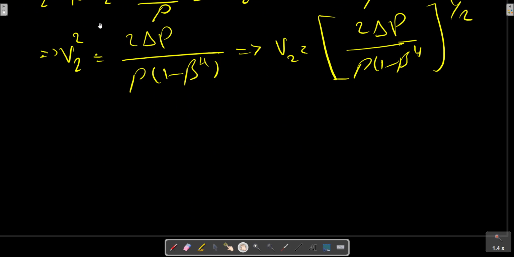m dot equals to, if we want to obtain a relation for the mass flux in the throat, we have to write this relation.